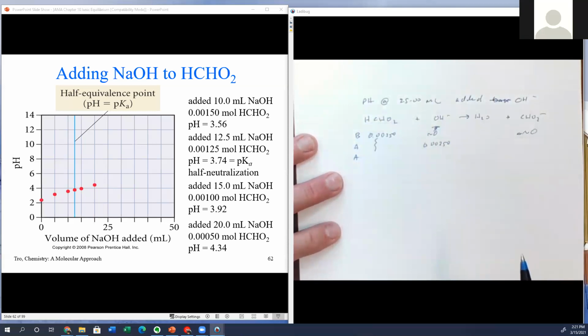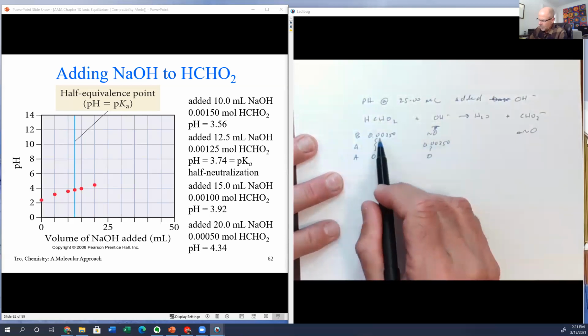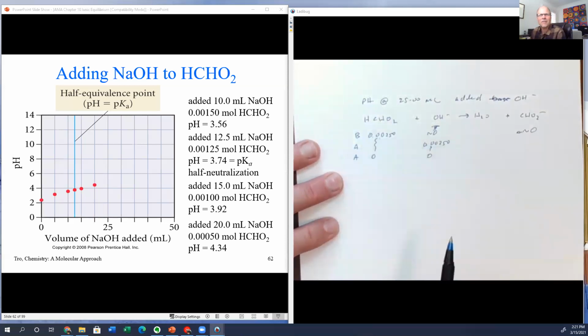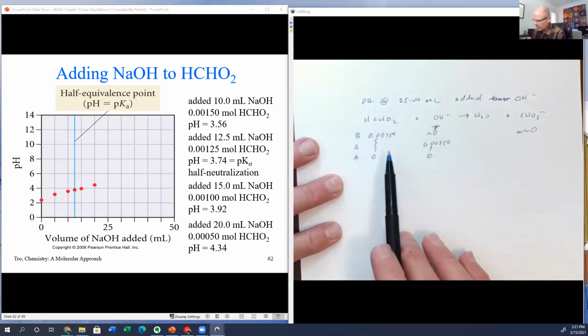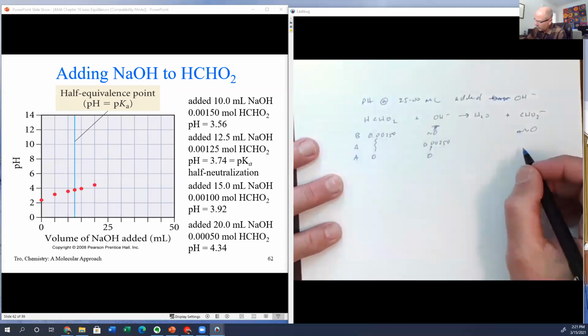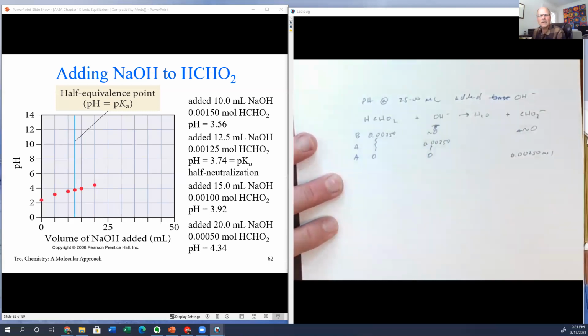It goes to 0, and this goes to 0, right? Now we're stoichiometrically exactly even. We've added just as much strong base as we originally had strong acid, so they completely neutralize each other. In so doing, what do we form? 0.00250 moles of this conjugate base. Okay?